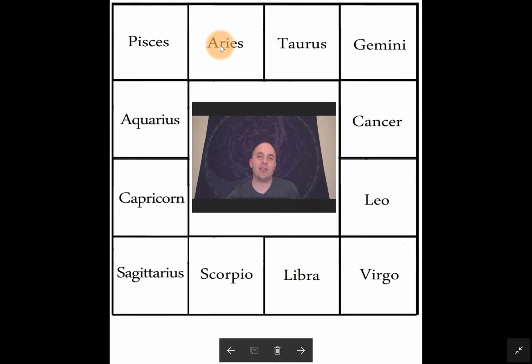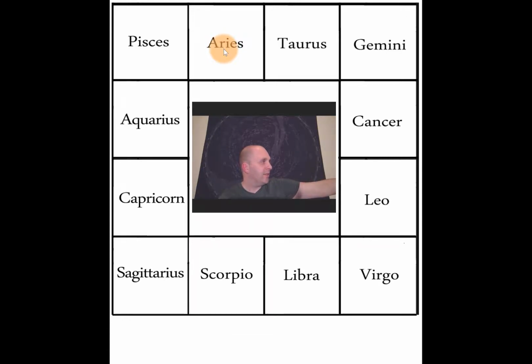So let's say the ascendant is in Aries. That means that when we were born, if you stared off at the eastern horizon, you would see the constellation of Aries, the sign that is getting brighter in the sky, that's rising into the sky.